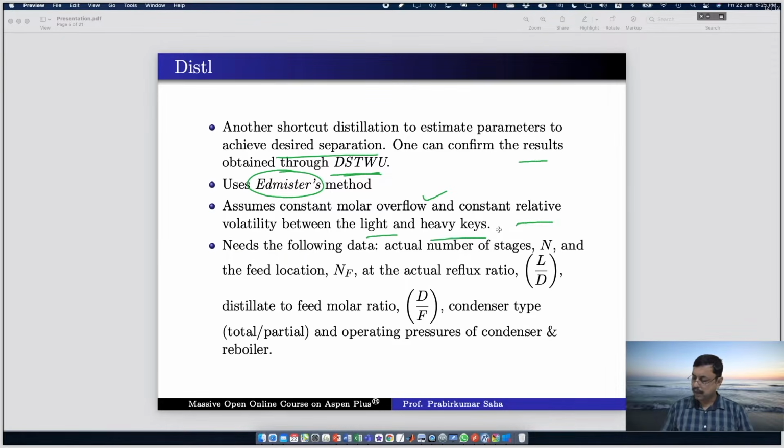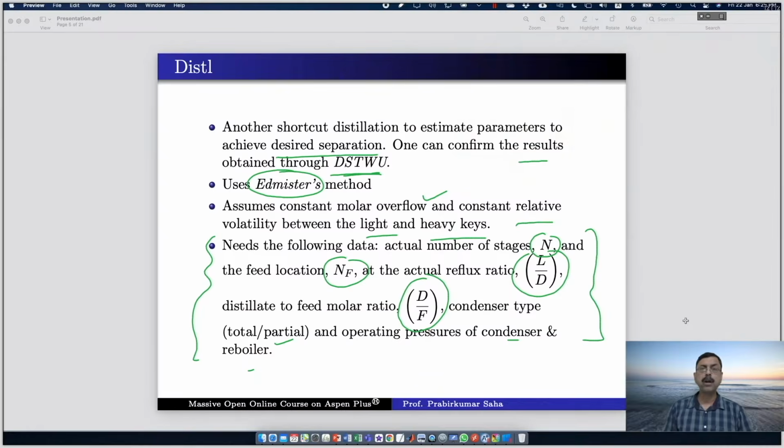To operate, it needs the actual number of stages, the feed location, the actual reflux ratio, and the distillate to feed molar ratio. It also needs the condenser type, whether it is total or partial, and the operating pressure of condenser and reboiler. All these information we already have from our previous calculation of DSTW.